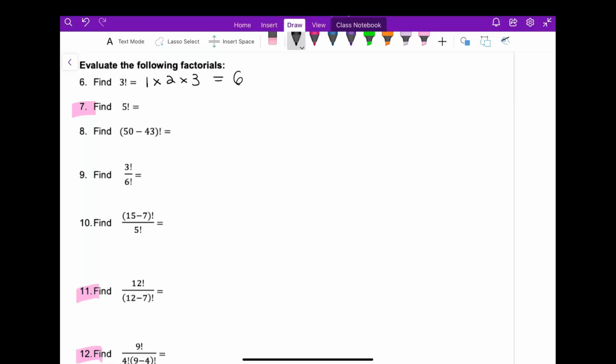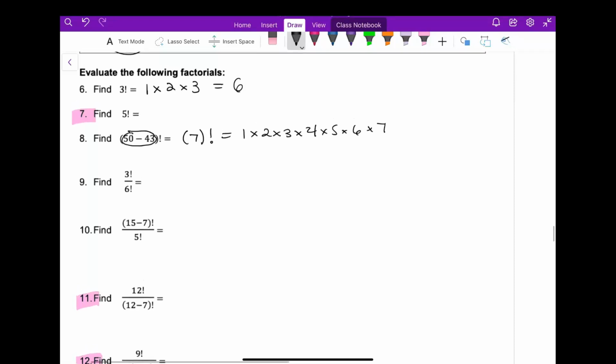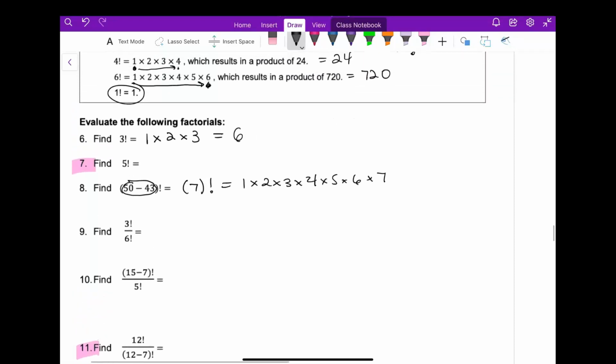Number 8, 50 minus 43. Order of operations tells me to use the parentheses first. So I'm looking at 50 minus 43 is going to be 7. Now I have 7 factorial. What is this? 1 times 2 all the way. And so we kind of had an answer for this. Now you can use your calculator. I'm just going to cheat a little bit.